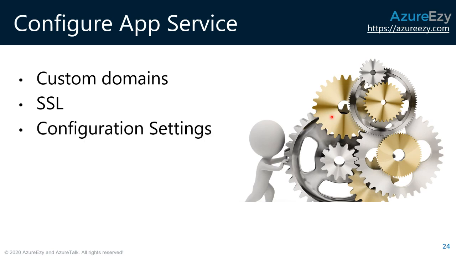Configuration setting is another setting which is available. For example, when you deploy a .NET application, you might want to define some app settings such as a connection string, some application settings which you cannot put in your web.config file.